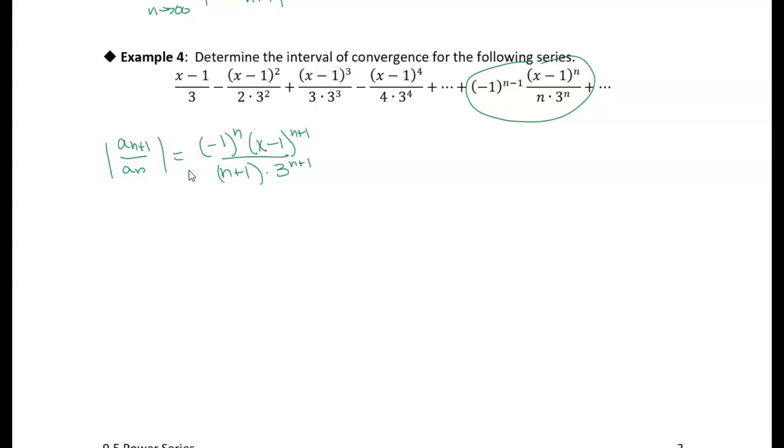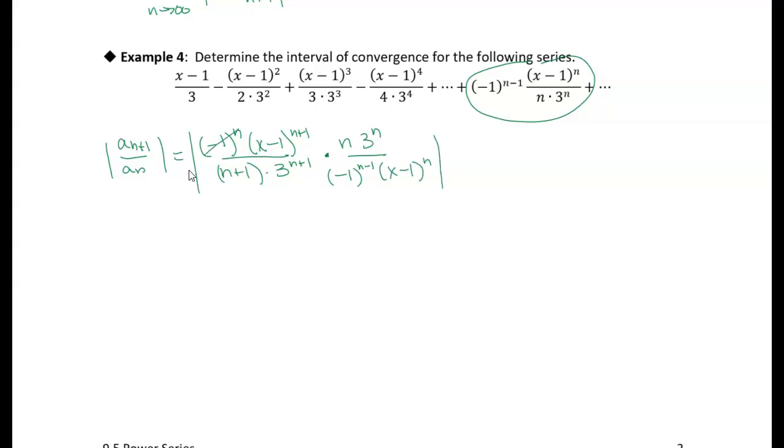Okay, so that's the n plus 1th term, and then I want to multiply that times the reciprocal of the nth term. So that's going to be n times 3^n over (-1)^(n-1) times (x minus 1)^n. Okay, absolute value of that whole thing.